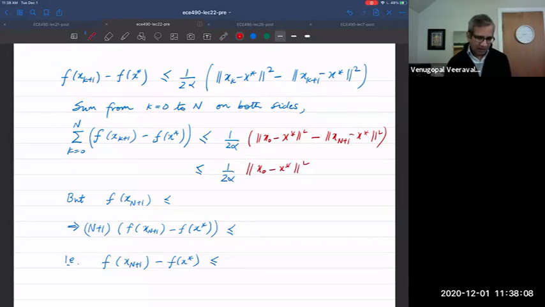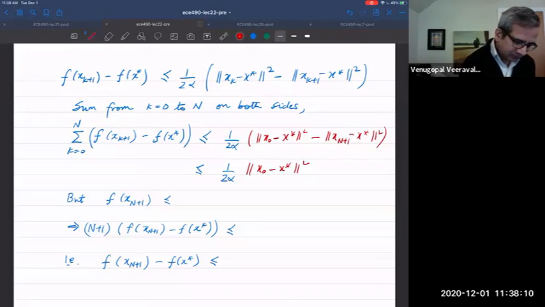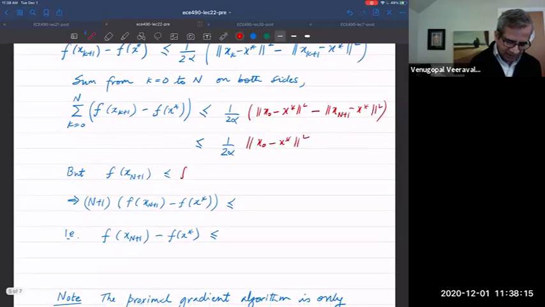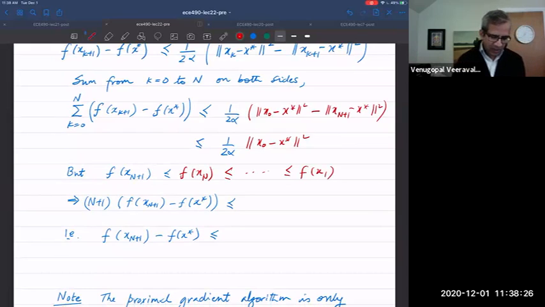And then to handle the left-hand side, we make use of the fact that it's a descent algorithm. So f of xn plus 1 is less than all the other guys. If you replace each term in this summation by the smallest value, which is xn plus 1, it will be upper bounded by this summation.